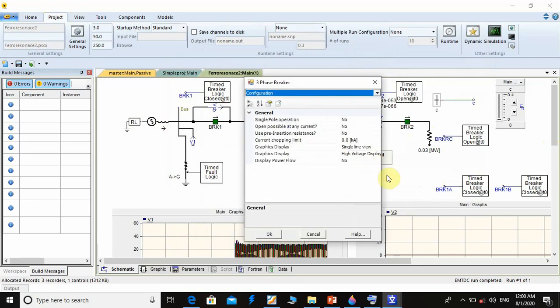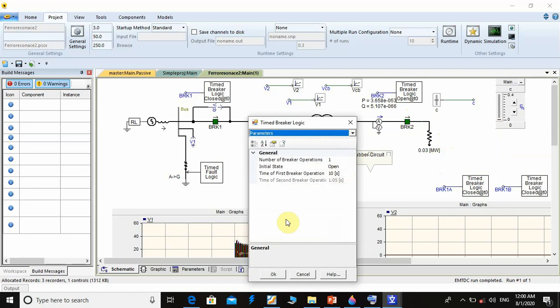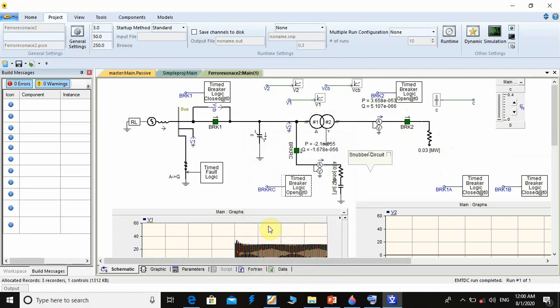And the breaker of the Snubber circuit, the logic BRKC, where is BRKC? Here. Okay, this breaker or this one. So the Snubber circuit is open also for more than the runtime.